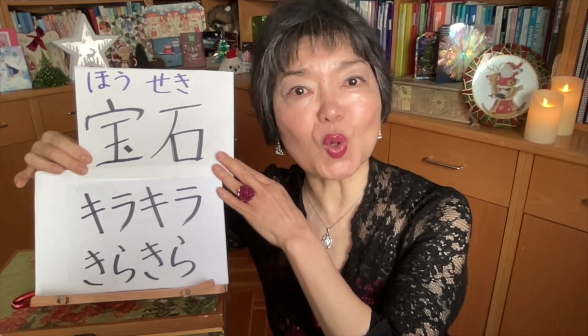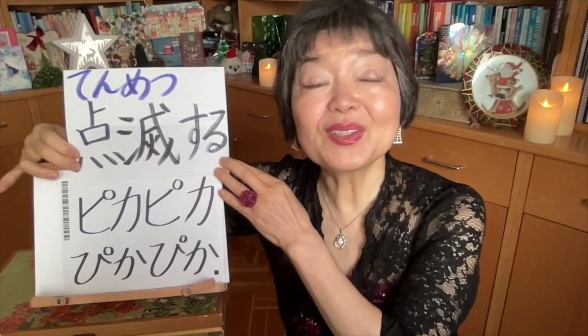We also use Kirakira for precious stones. 宝石。宝石がキラキラしています。And any types of accessories. アクセサリー。アクセサリーがキラキラしています。So when we use キラキラ, this is something that reflects the light and they are shining.